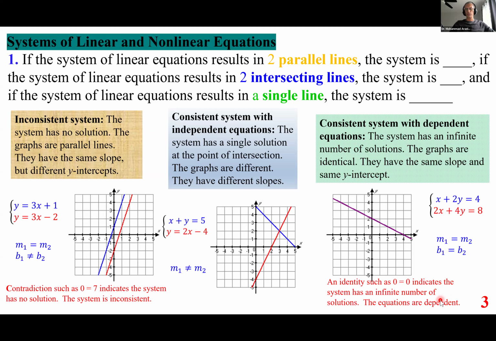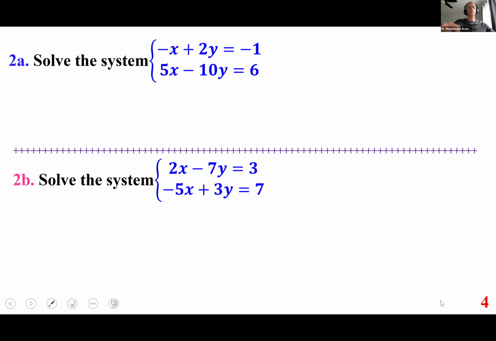Of course, two equations, two unknowns. We want to solve the system minus x plus 2y equals -1, 5x minus 10y equals 6. You may use any methodology. You may notice addition method will do the job.